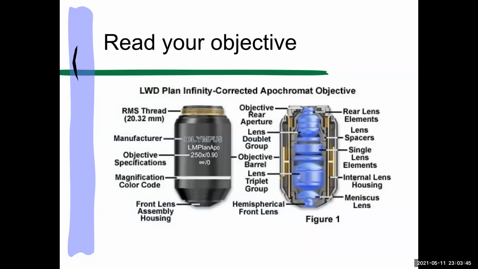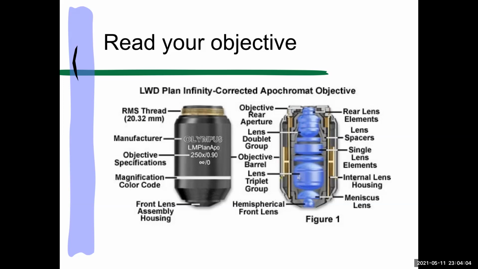So this is a really great little diagram. I like it because it also cuts into the objective and shows you different objectives have different amounts of glass in them. This is an extreme case, to be honest. A lot of objectives have a lot of empty space, but they all have multiple lenses.